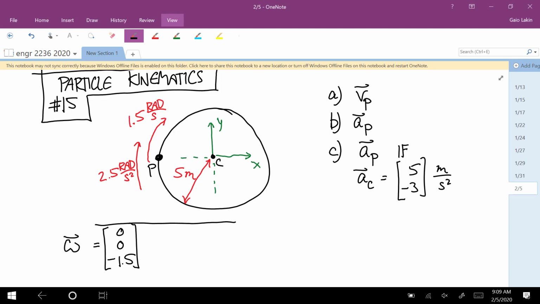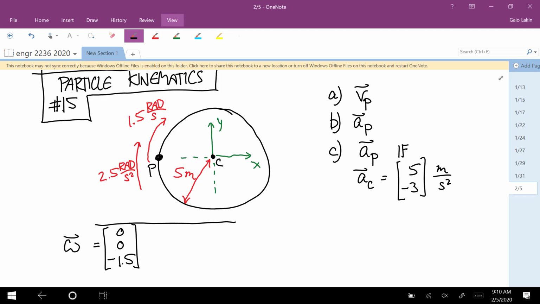That's just the way it's defined. The use of the right-hand rule is always a relationship between some kind of rotation and a perpendicular vector. That's what the right-hand rule is for, and there are a lot of places where it's useful.